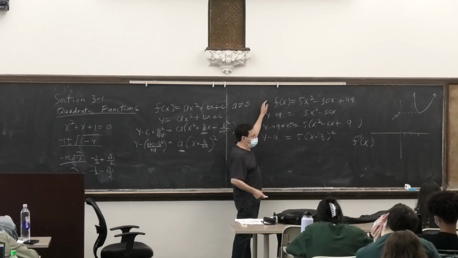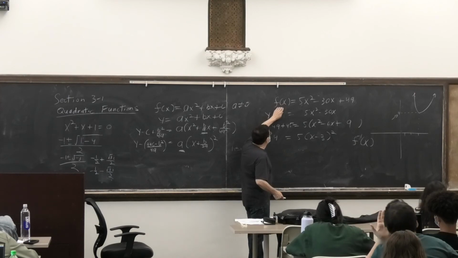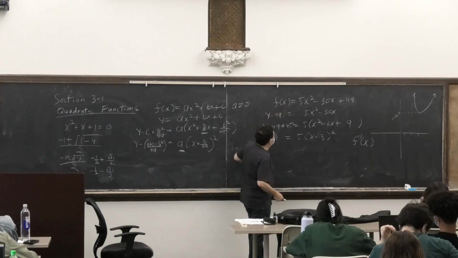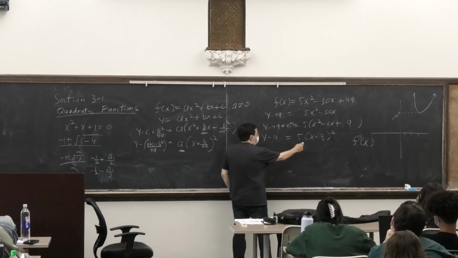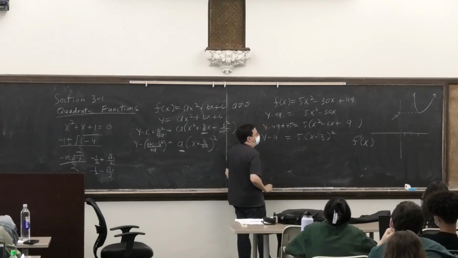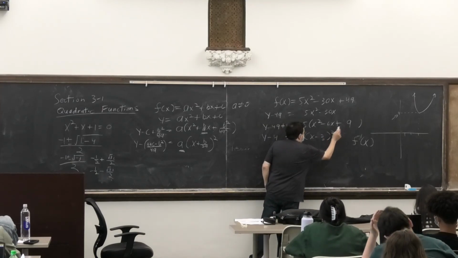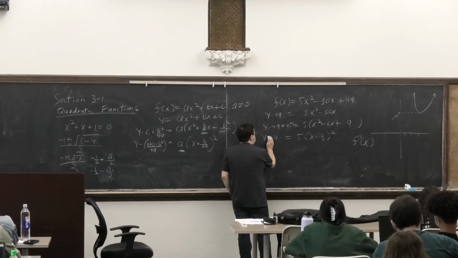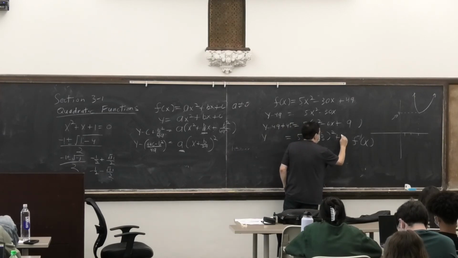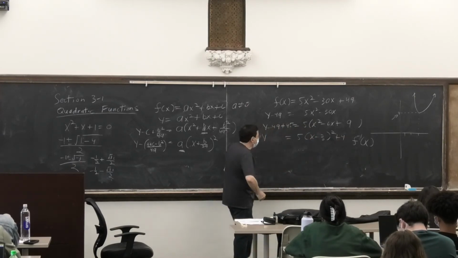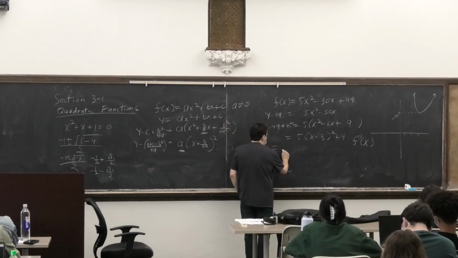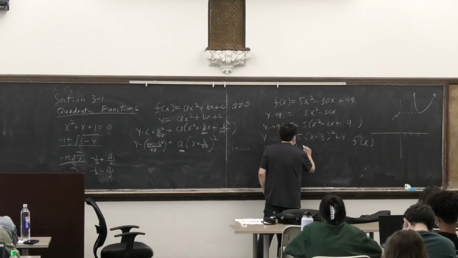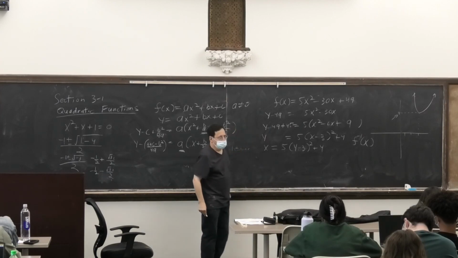They kind of look already like what we did. We're going to change f of x to y. Well, I went through this little dance here where I completed the square. Let's add 4 to both sides here. Switch the x and y. And then solve for y.